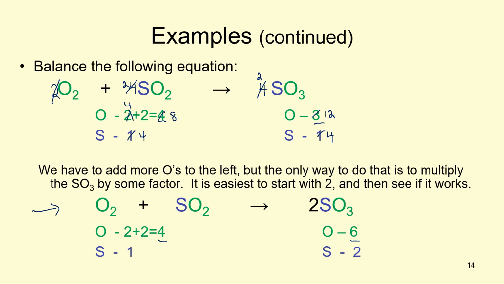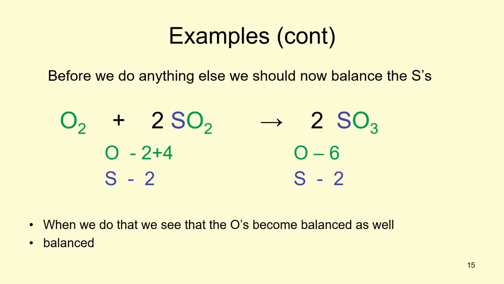And then since I doubled the sulfur, I want to go ahead and double that. And when I double that, now I have 4, 2 here plus another 4 gives me 6, and so my oxygens are balanced. So that's just another way to do it. What I'm pointing out is that there's more than one right way to do something. And so there's the balanced equation.